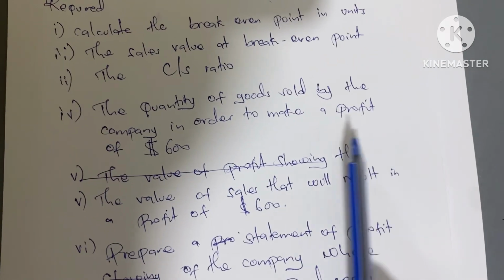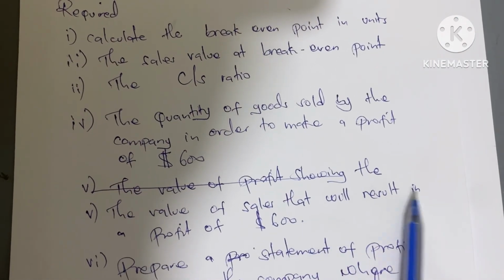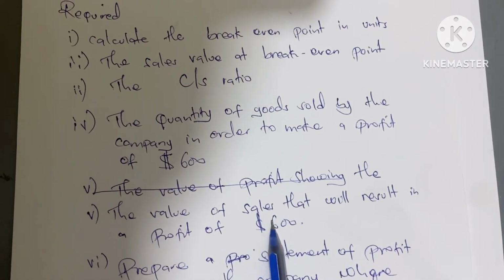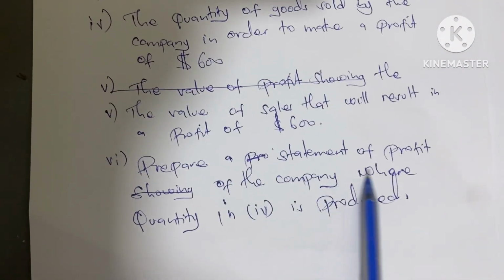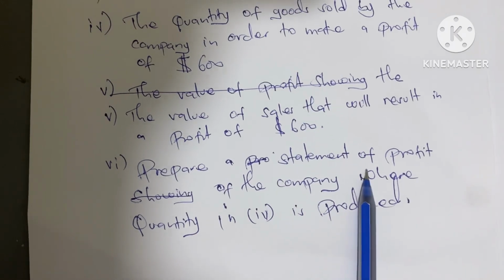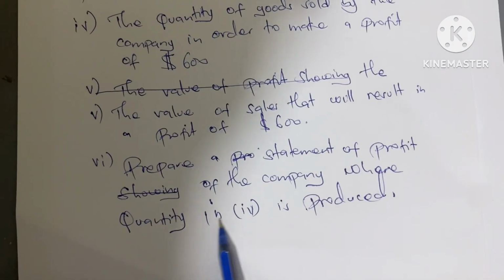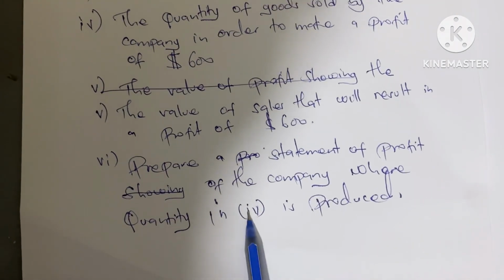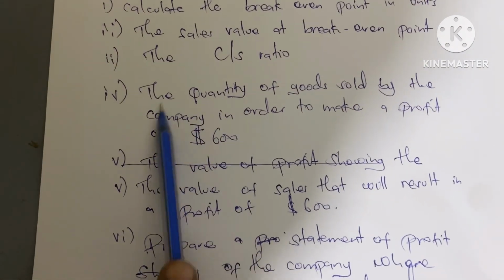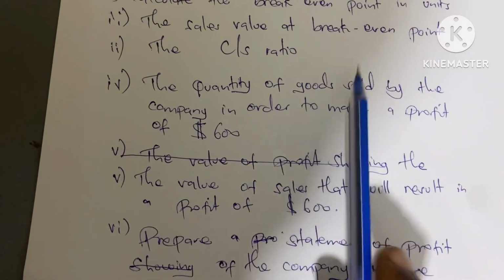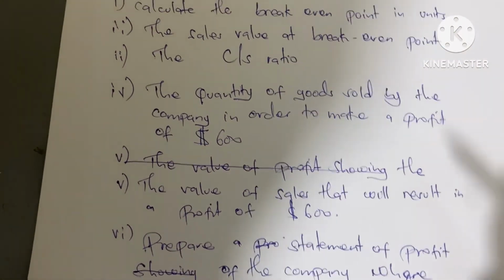Then what's the value of sales that will result into a profit of $600? Lastly, they want us to prepare a statement of profit of the company using the quantity that we shall get here. Yeah, so this is the question.